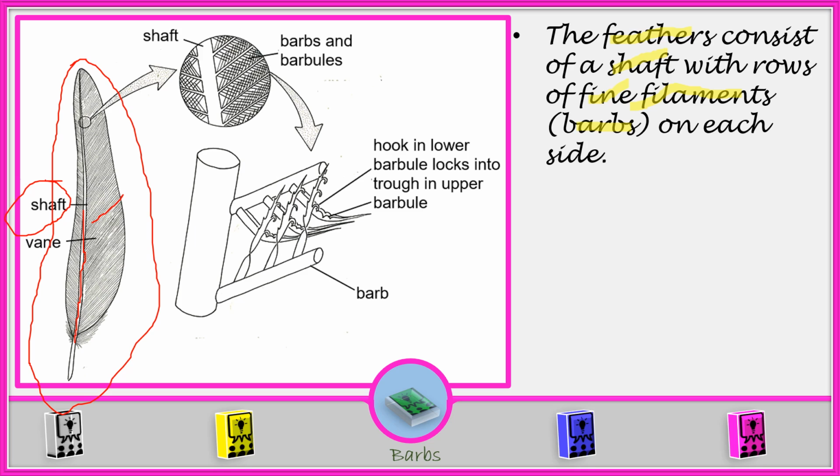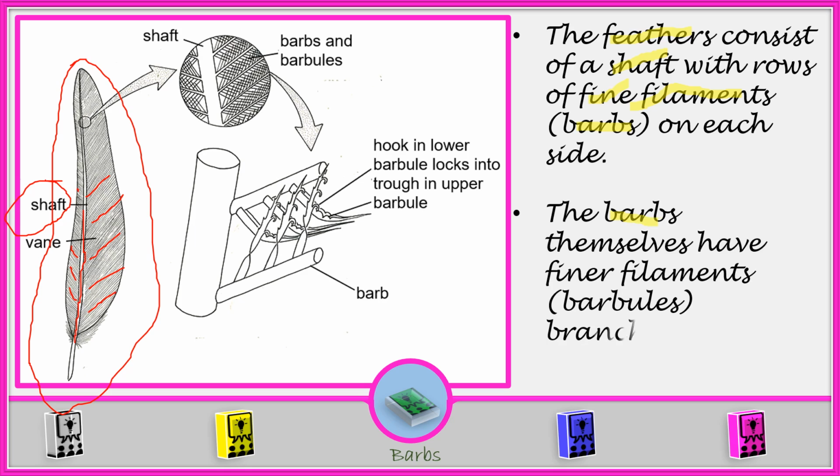These ones that are moving from the shaft are the barbs. They are filaments and they are on either side of the shaft. The barbs themselves have finer filaments, which we call the barbules, branching from them.